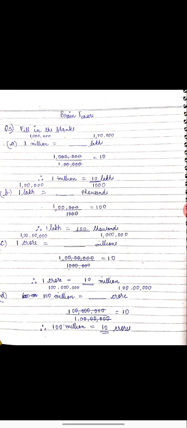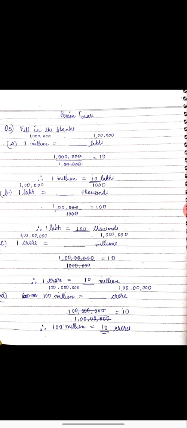As you can see, 1 lakh has 5 zeros and 1 million has 6 zeros. So what you will do is, you will cut an equal number of zeros. For example, below you have 5 zeros.